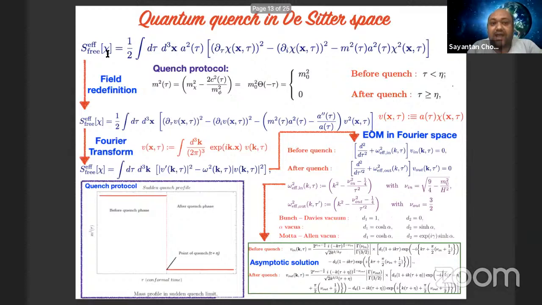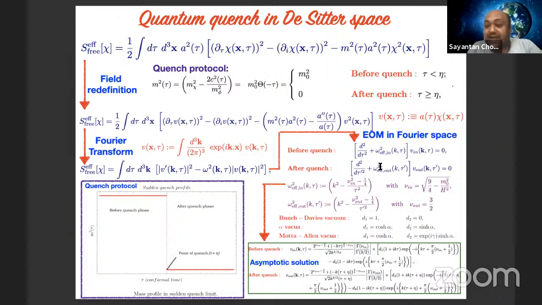So if you write down this action in a de Sitter space, then it will be like that. This is the profile we have chosen particularly for this kind of mass, which is a sudden profile. Now, if we do a little bit of algebra and write down this action in a Fourier space and calculate the equation of motion before quench and after quench, you can actually express everything in terms of this expression.